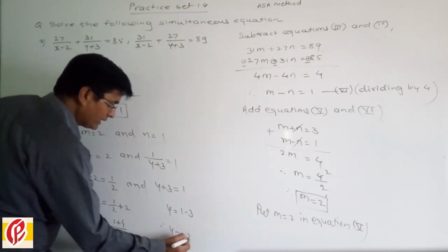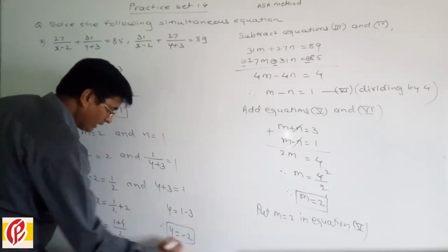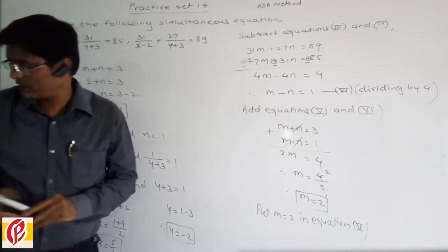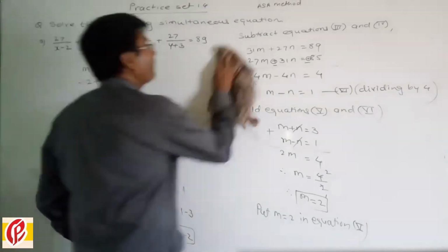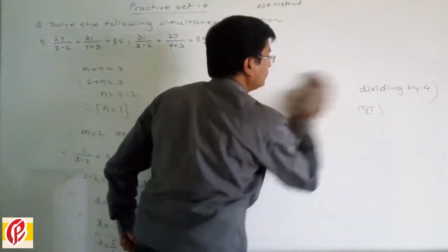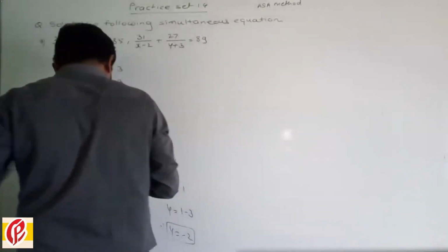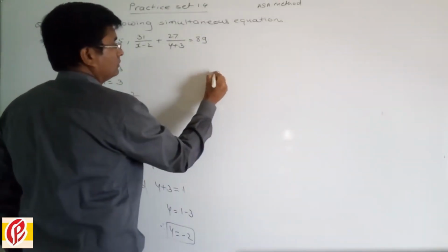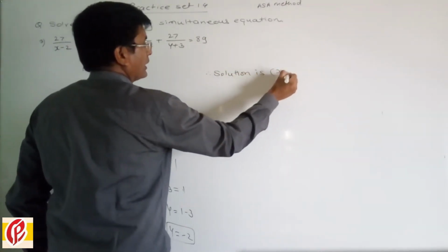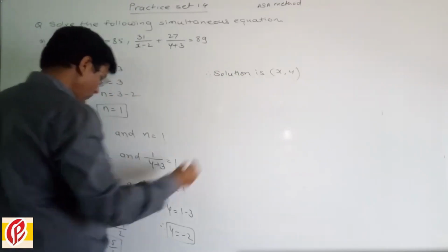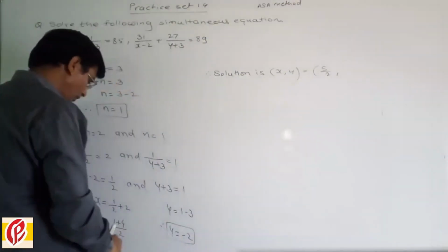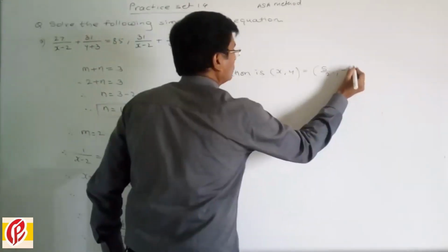Therefore y is equal to minus 2. So we get y is equal to minus 2 and x is equal to 5 upon 2. So the solution is x is equal to 5 upon 2 and y is equal to minus 2.